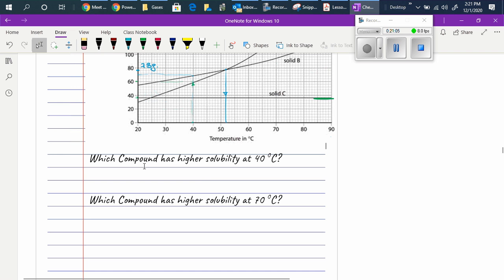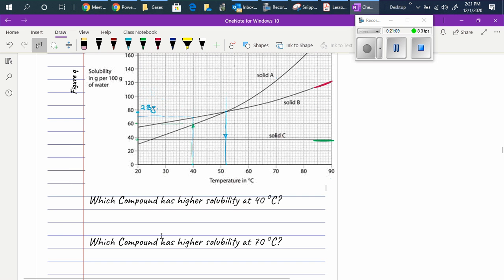Now, which compound has a higher solubility at 40 degrees? When we go to 40 degrees, we see that solid B has a higher amount than solid A, which is following this line here.